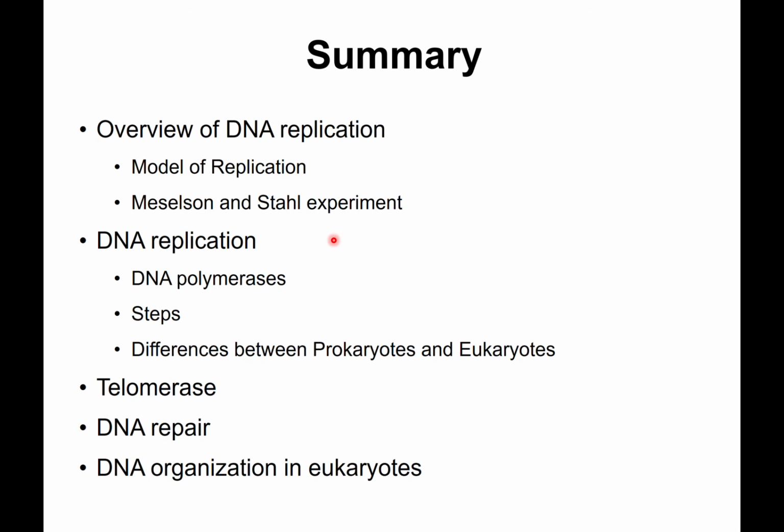Then we talked about how excessive mutations are avoided by different DNA repair mechanisms. We went very lightly on that topic, but there are different mechanisms that prevent the excess of mutation in eukaryotic organisms. And then finally, we talked about how the DNA is organized in euchromatin and heterochromatin in eukaryotes through the help of histone proteins, the formation of nucleosomes, and so on.